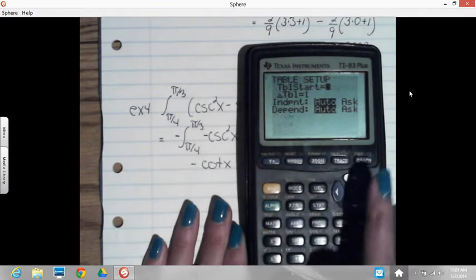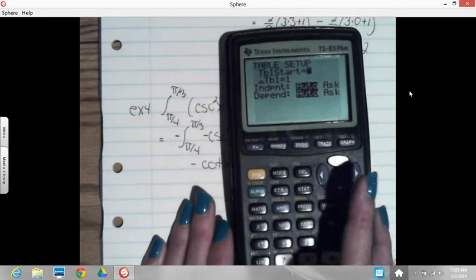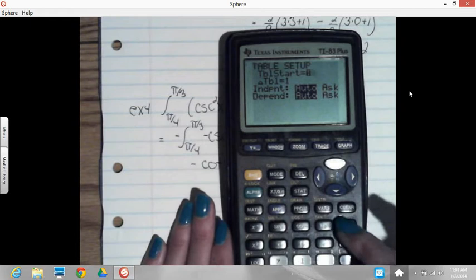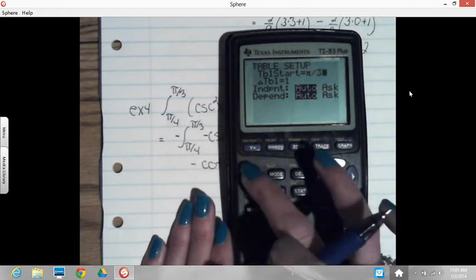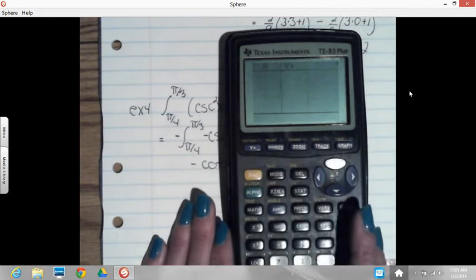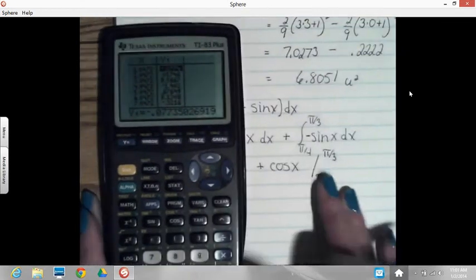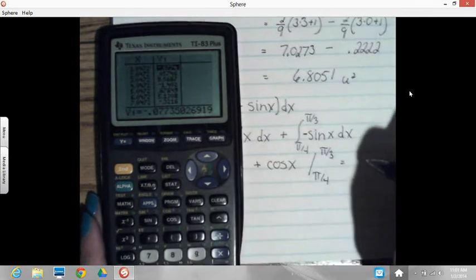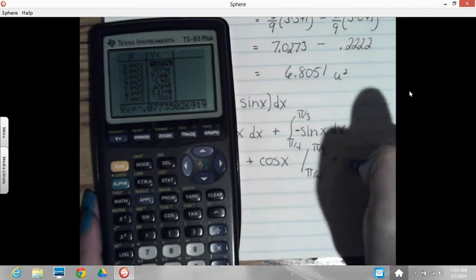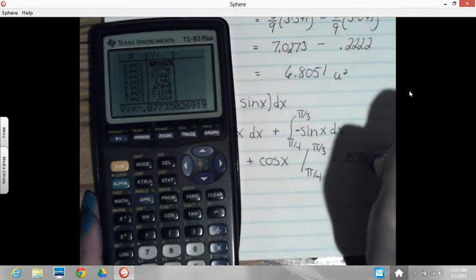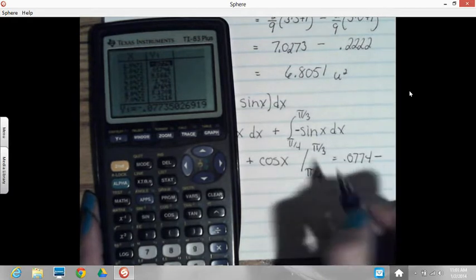I want pi over 3, that'll be my first value. So a negative 0.0774 minus, and now I want the pi over 4.